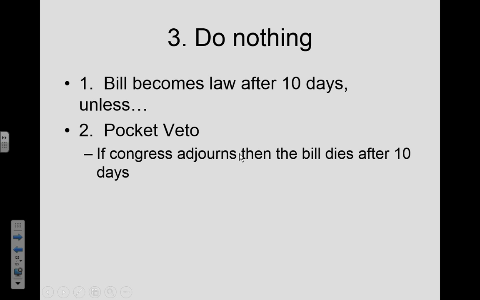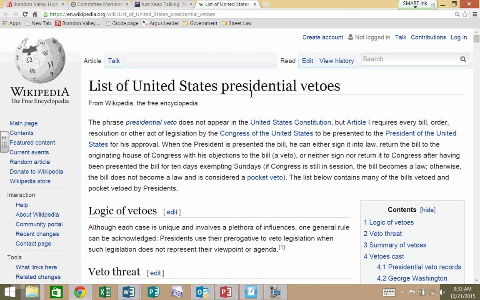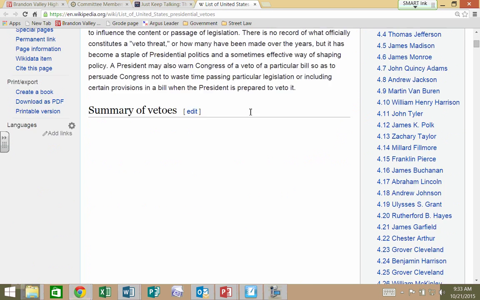So the options the president has are to sign the bill, veto the bill, or do nothing, and depending on whether Congress is in session or not, the bill either becomes law or dies. Here's a list of presidential vetoes from the history of the United States till now.